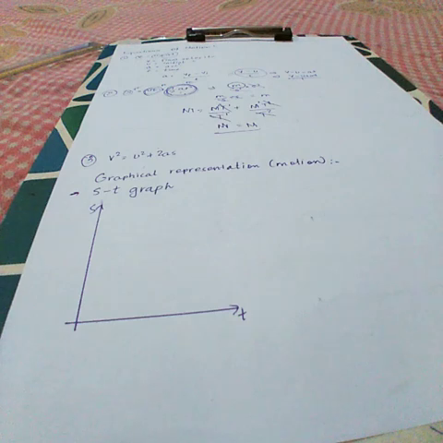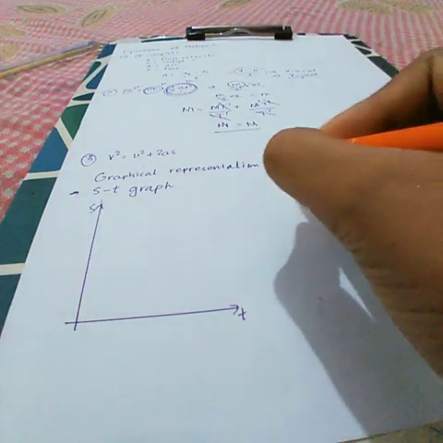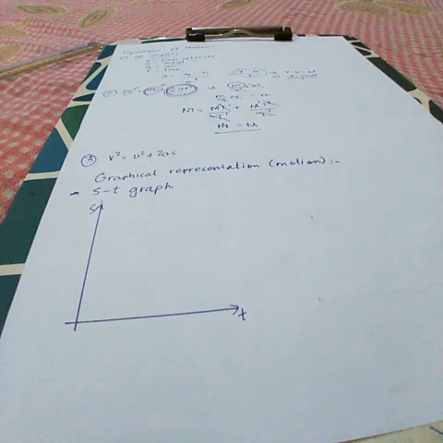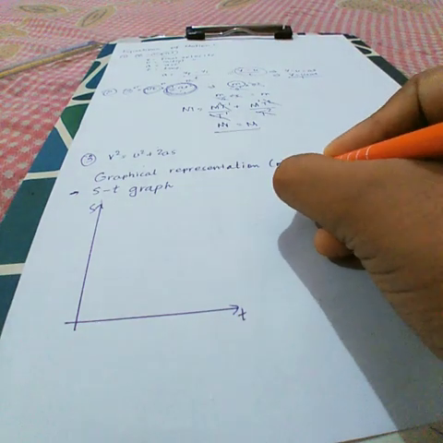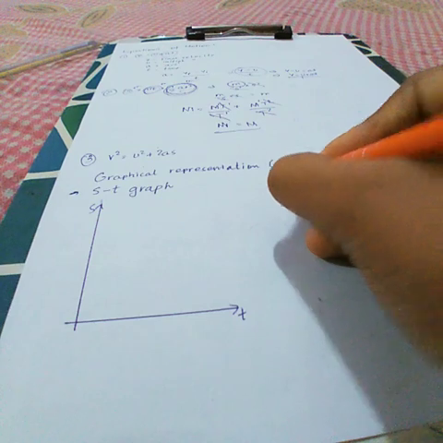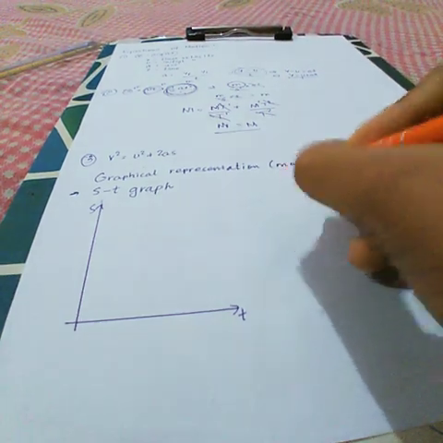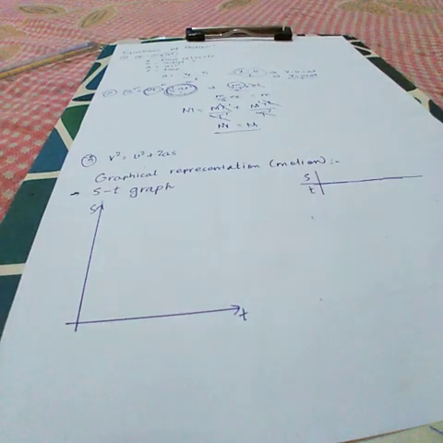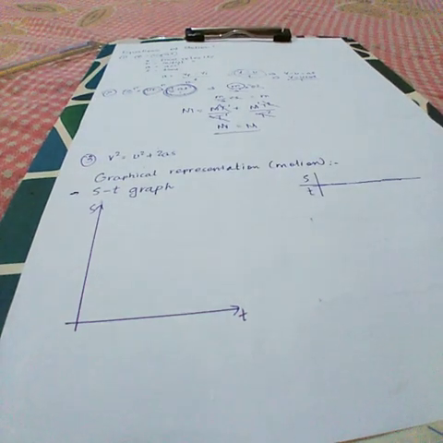Displacement time graph. First, in this graphical representation of motion, we are going to study the displacement time graph. Suppose we are given a chart about a body's displacement covered in different periods of time.